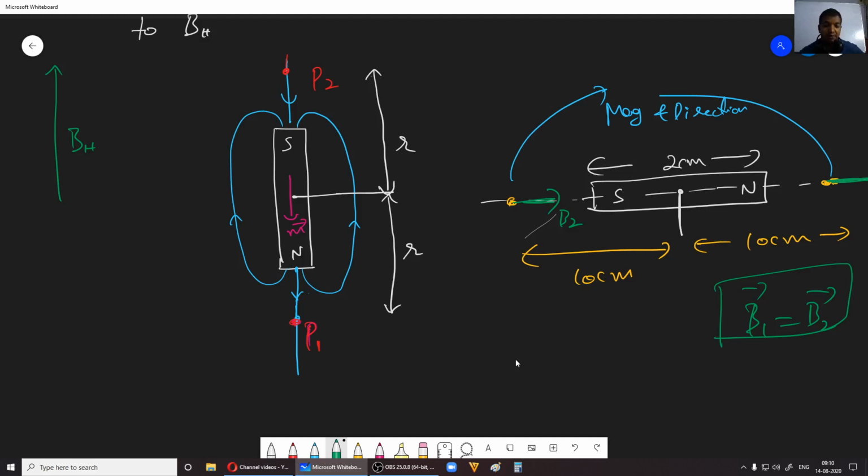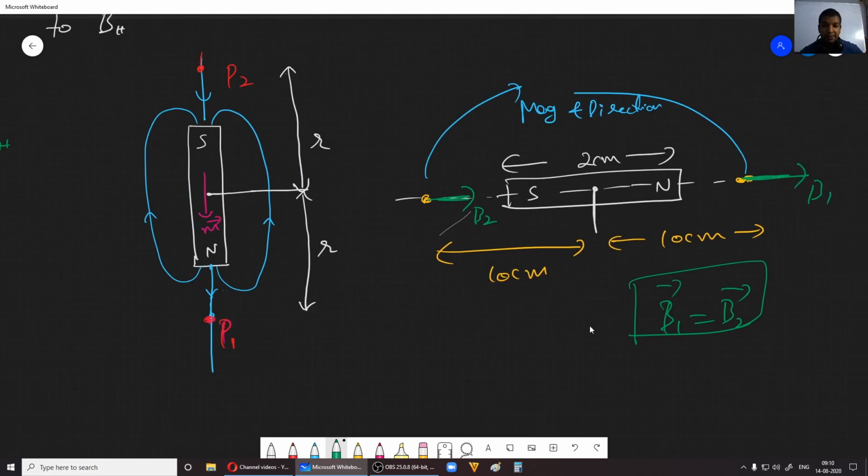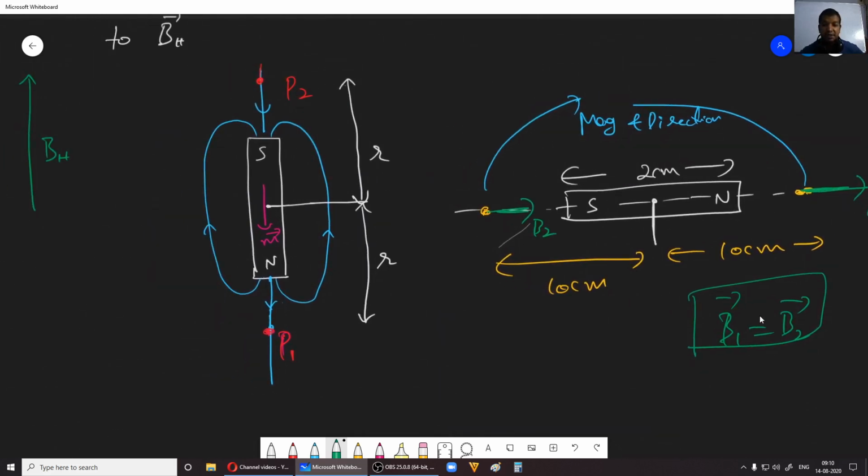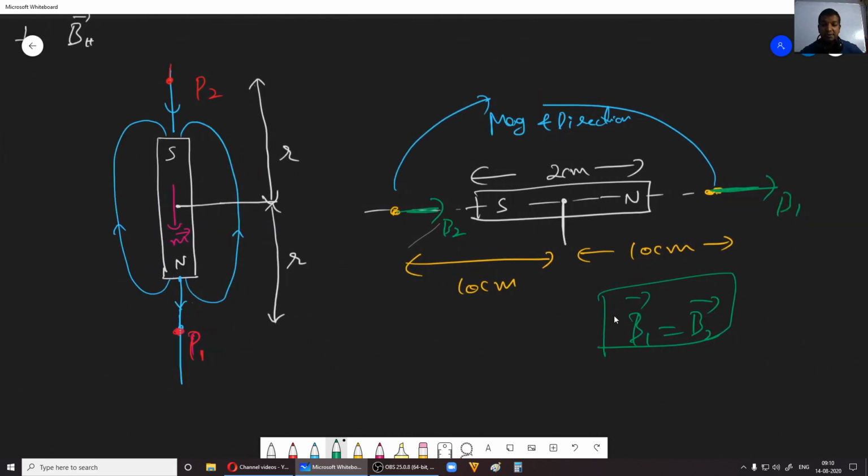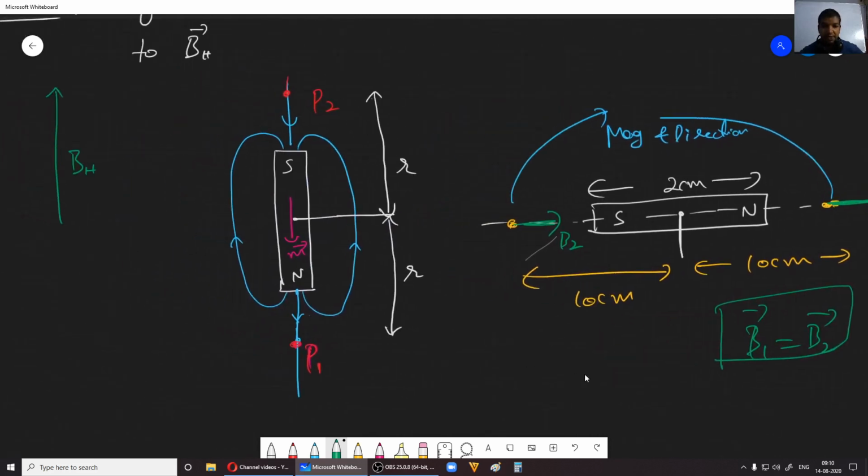Just like we did for the electric field due to an electric dipole, we considered the magnetic field due to a magnetic dipole. So substituting those results, you'll end up getting the same result here, the same in magnitude and direction. Take this as a note.